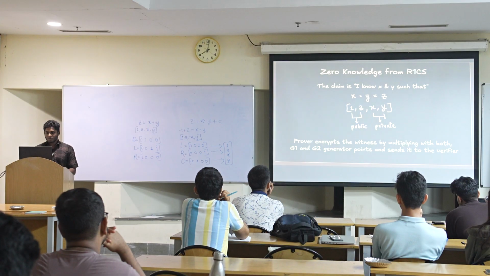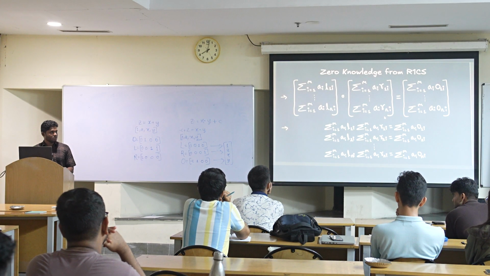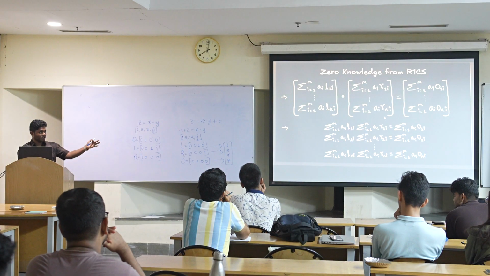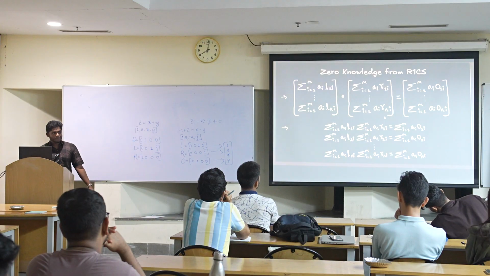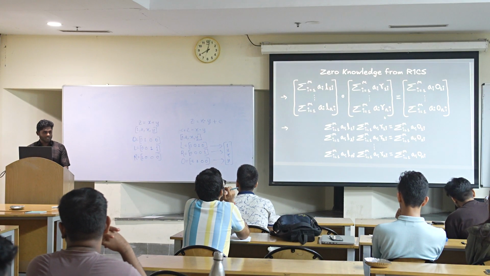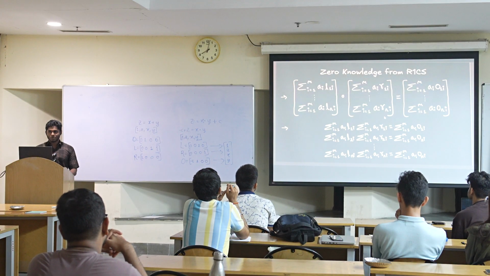This is not a very secure way, and also it's not efficient because we have to do so much calculation on the verifier side. This is a succinct proof, right? So we have to keep things as low as possible on the verifier side.